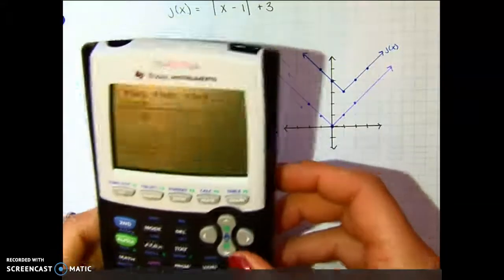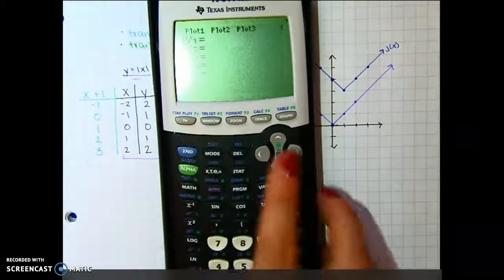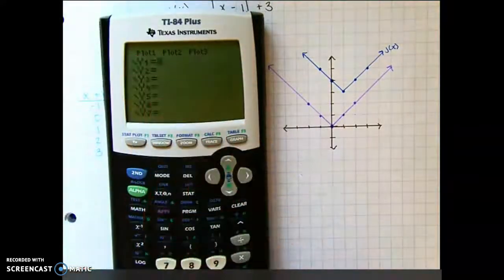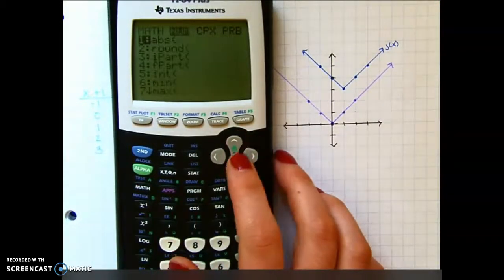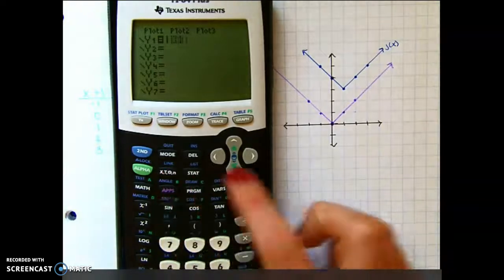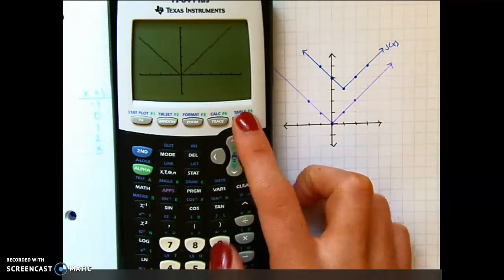So I'm going to take a graphing calculator. I'm going to press y equals, and I'm going to graph the parent first. So for absolute value, I'm going to press math, go over to number, and then absolute value, and then x. So there's my absolute value of x function.